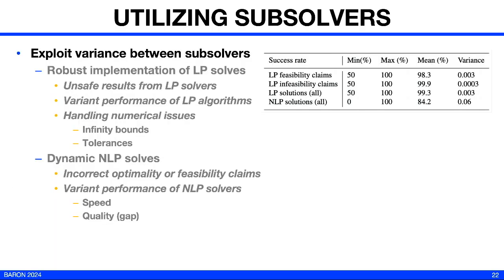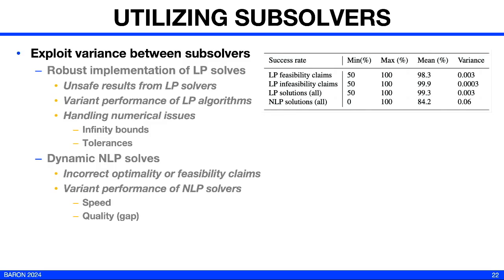As we said, BARON needs to solve different types of relaxations and subproblems, and there we rely on subsolvers, for example, LP subsolvers and NLP subsolvers, to solve these relaxations. But interestingly, we find that almost 16% of the NLP solutions from the subsolvers are not reliable.